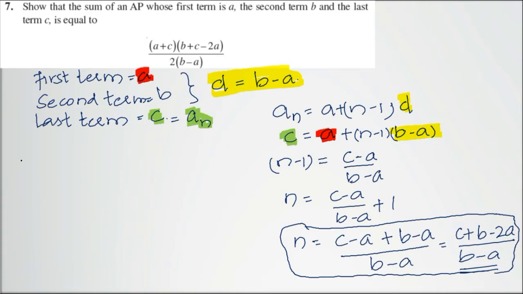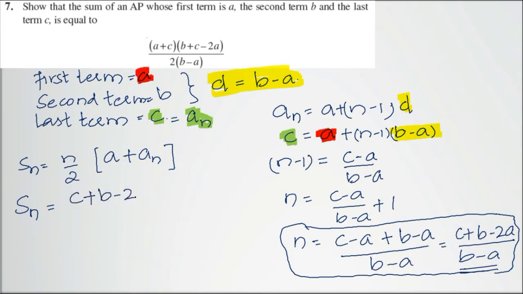This value of n, I am going to use it in the formula of sum of n terms. So Sn will be equal to, the standard formula is n by 2 times of a plus an, the first term plus the last term. When we know the first term and the last term, we can use this formula. So Sn will be, in the place of n, I have to replace c plus b minus 2a divided by 2 times b minus a.